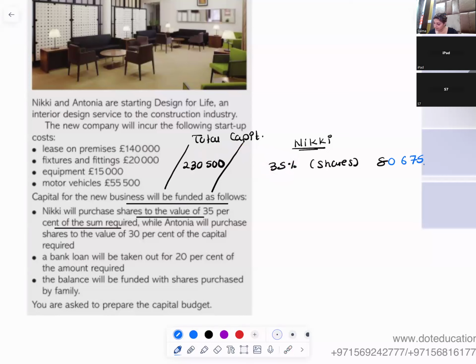Antonio will purchase 30% of the capital required, so it is 69,150. Are you with me?